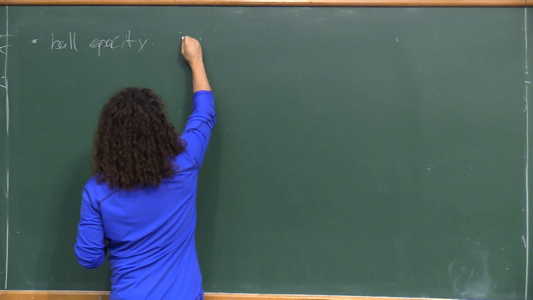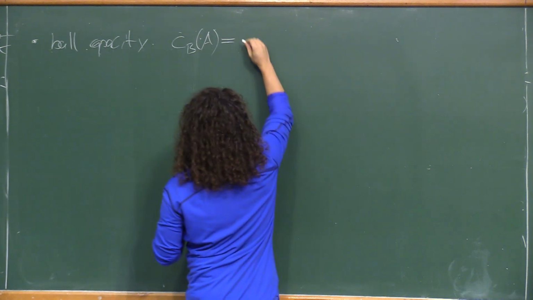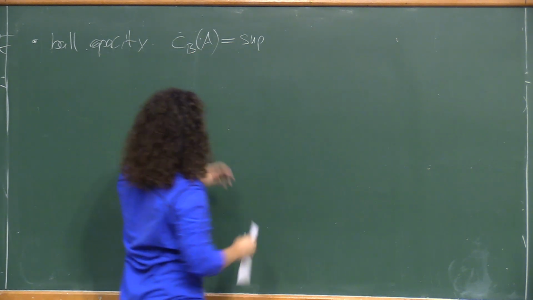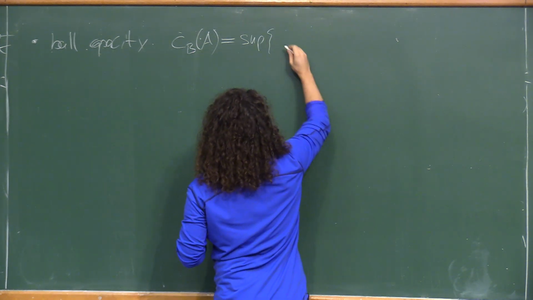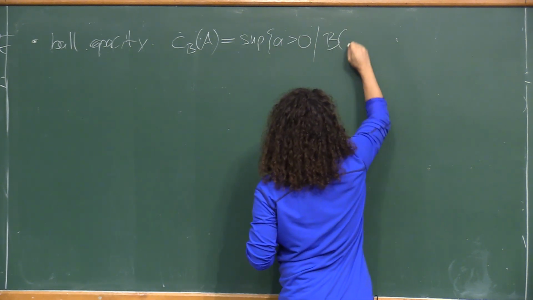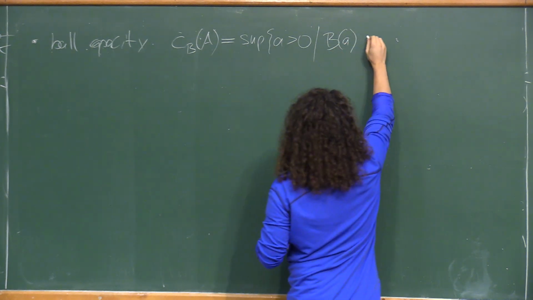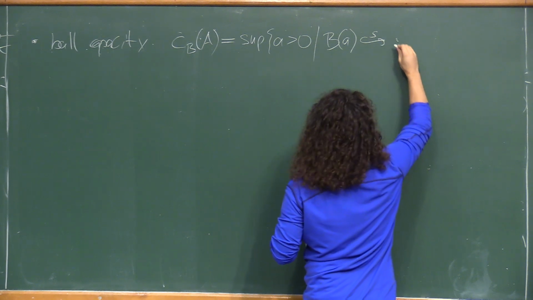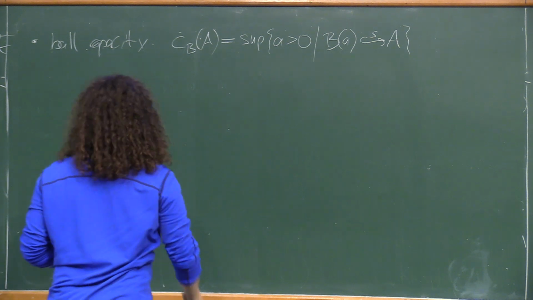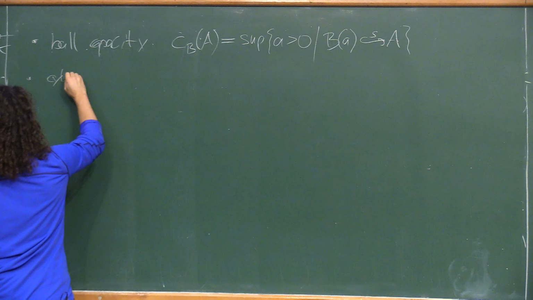So this number, C_B of A, is defined to be essentially the size of the biggest ball that symplectically embeds into A. So I take the supremum over all positive numbers a such that the 2n-dimensional ball of symplectic width a has a symplectic embedding into the set A. So that's a capacity. And then there's a similar one, which is called the cylinder capacity.